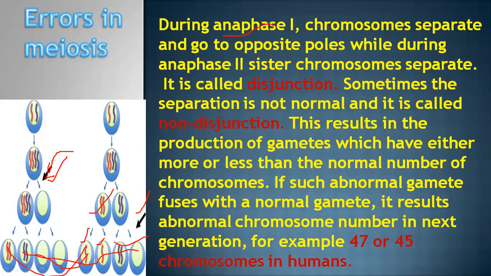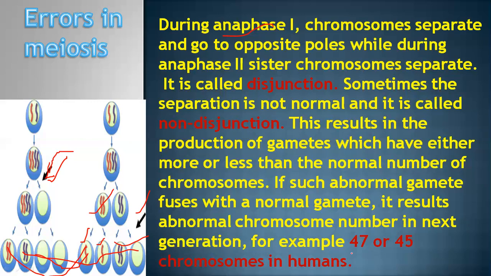Any of the gametes, male gamete or female gamete, can be affected in any of the two ways. So they can get an abnormal chromosome number. In human beings, with an abnormal chromosome number, there can be lots of problems.